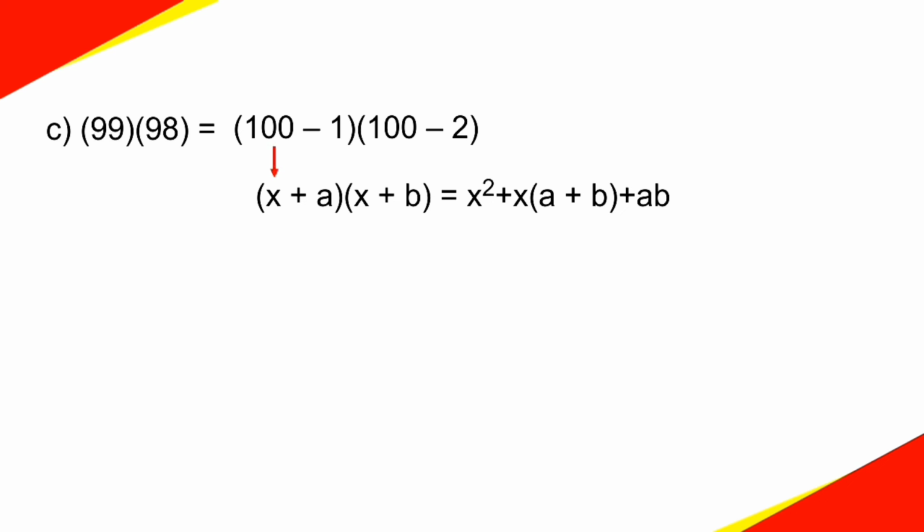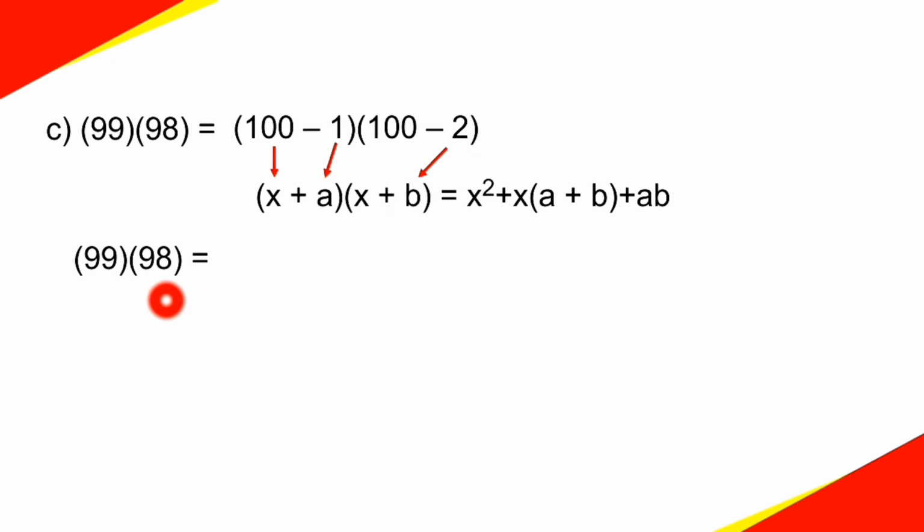Now compare it: x is equal to 100, a is equal to 1, b is equal to 2. But when you compare, here we have only positive terms. So the a value is minus 1 and the b value is minus 2.